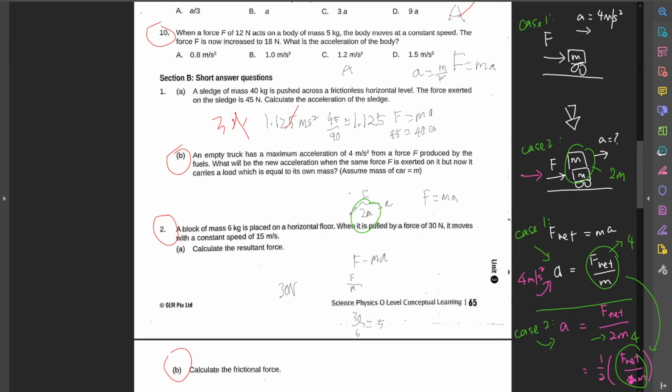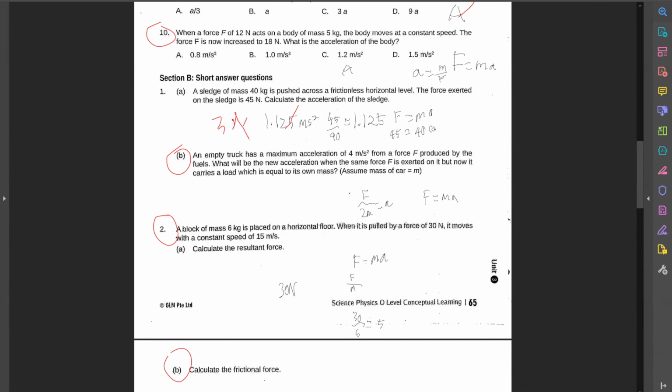So its acceleration is force divided by mass. So it's F net divided by 2m. So then I can rewrite it like that. So it's half times F net over m. And you know that F net over m is 4. So I put the 4 value here. Then the acceleration becomes half times 4. So it's 2.